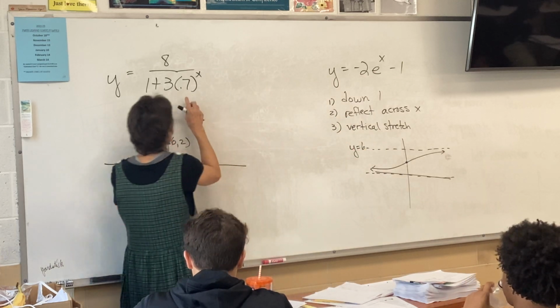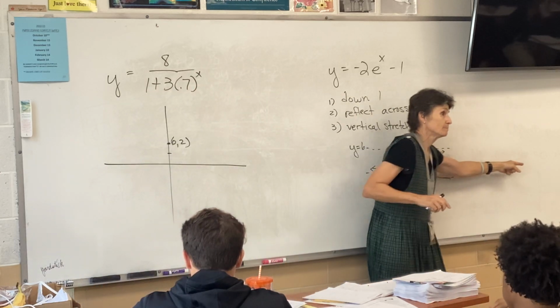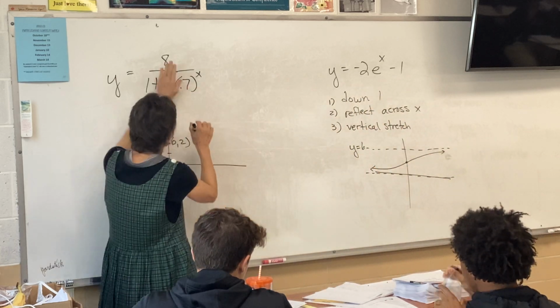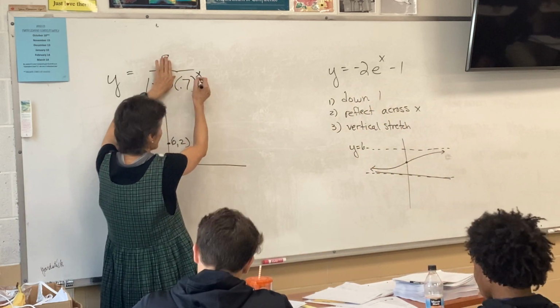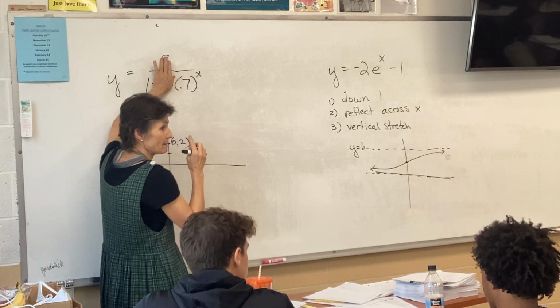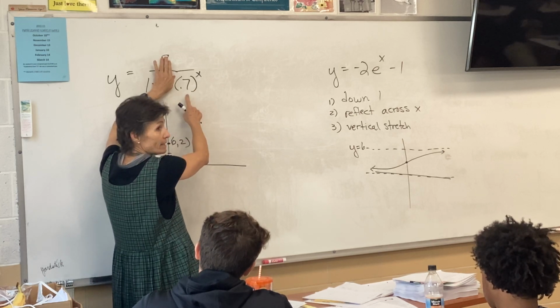So if the asymptotes are describing the end behavior, we need to look at what happens to this as x gets really, really big. It gets smaller, right?